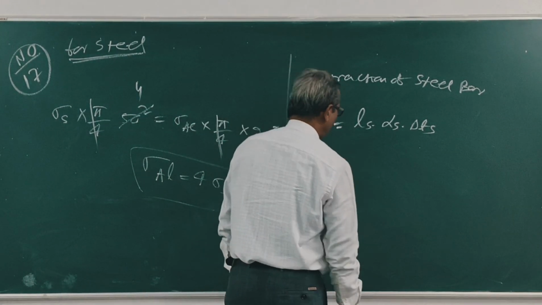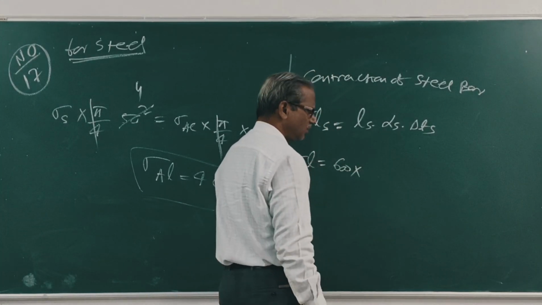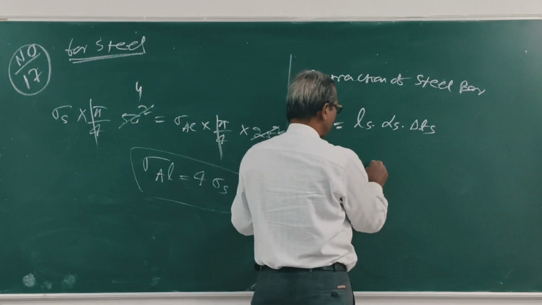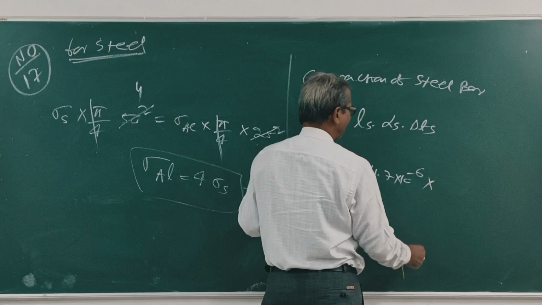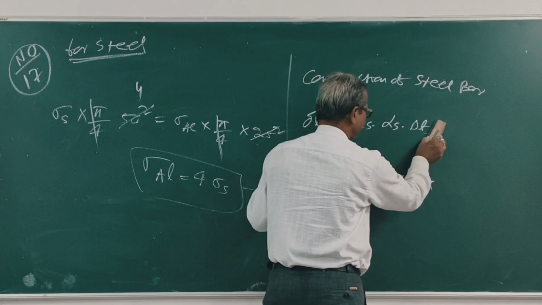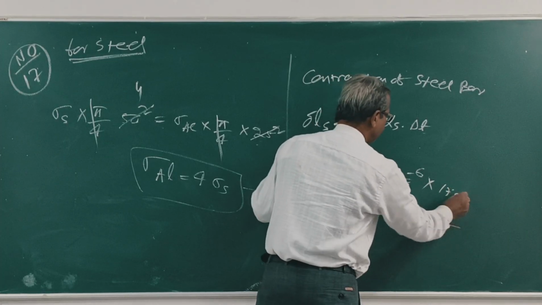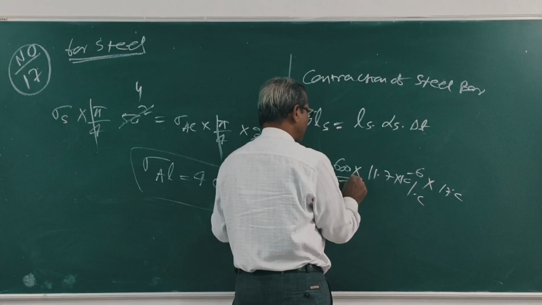Put all the values. What is LS? 600 mm. What is alpha S is equal to 11.7 into 10 to minus 6. Delta T, not S, delta T. This is 70 degree centigrade. This is per degree centigrade, and this is mm.